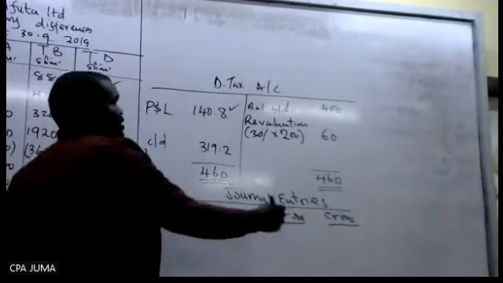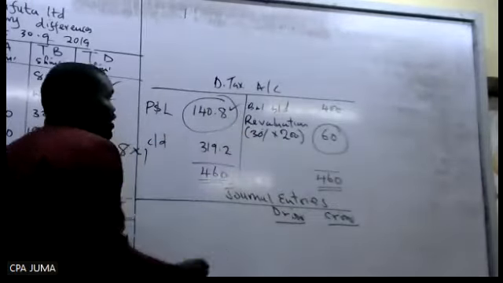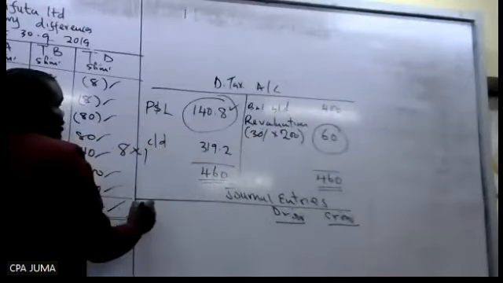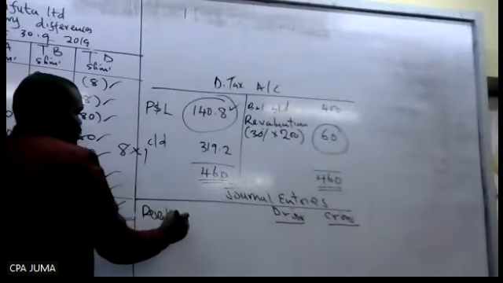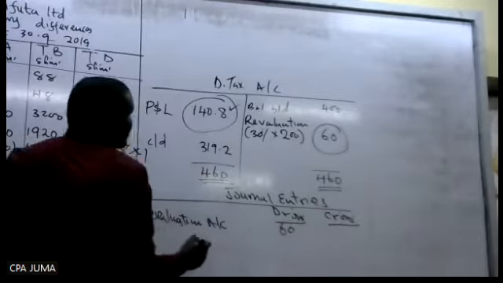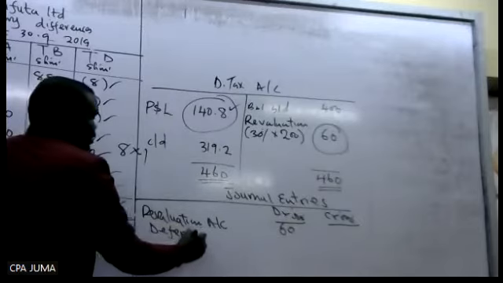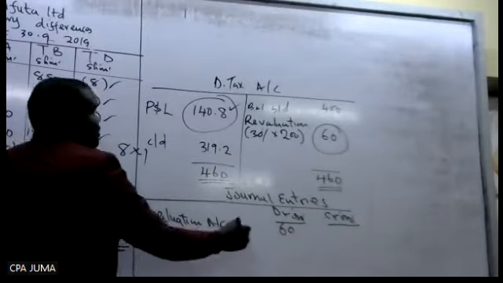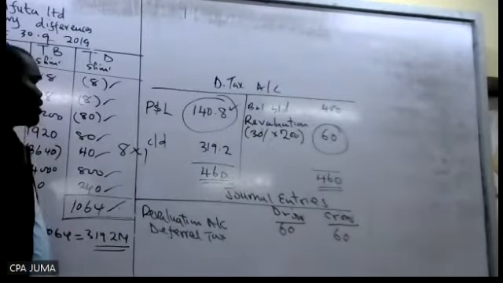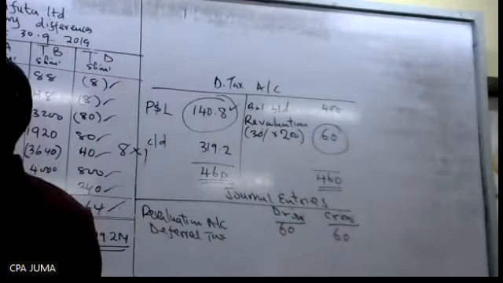So I will pass this one here, this one, and this one here. You can start with any. Let me start with this. I've credited deferred tax, so I'll debit revaluation reserve account with 60. Then deferred tax has been credited with 60. You can give narrations to record deferred tax on revaluation.